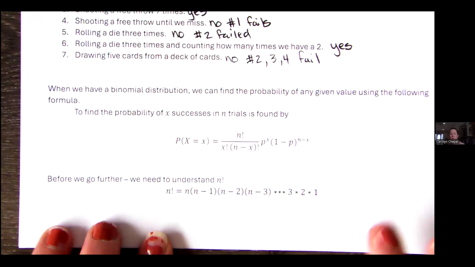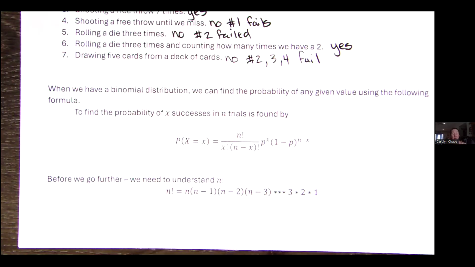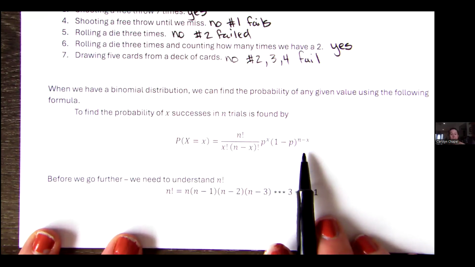Okay, and our formula looks like this. There are other forms of this formula that you will see in other textbooks. However, it uses a notation for combinatorics, which is not something that is covered in my particular class. So the formula we use is one that looks like this.